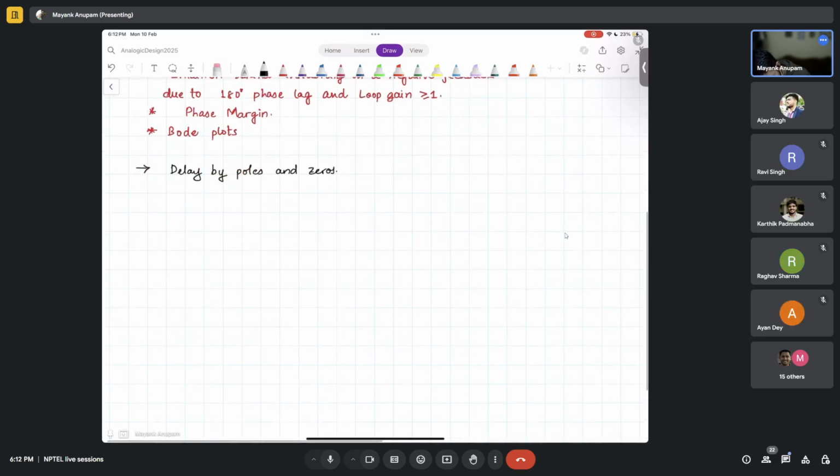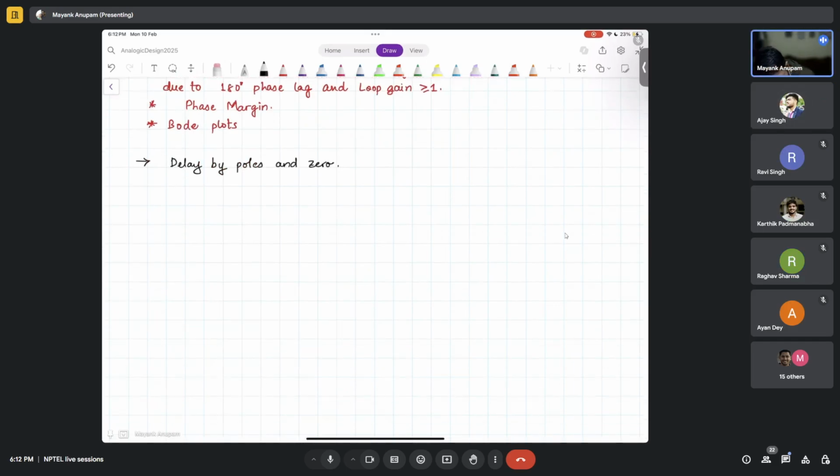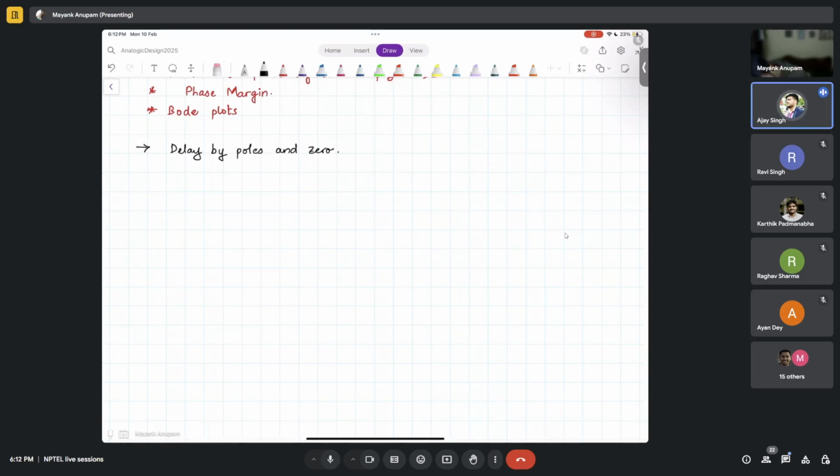Sir, when we perform a layout, the line causes a coupling capacitor and the RC delay model. Then the delay comes into the picture. That is all correct. Exactly, you are right.